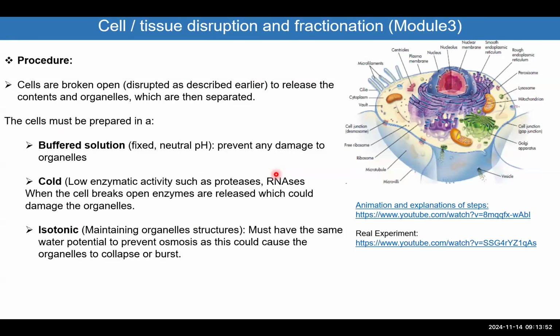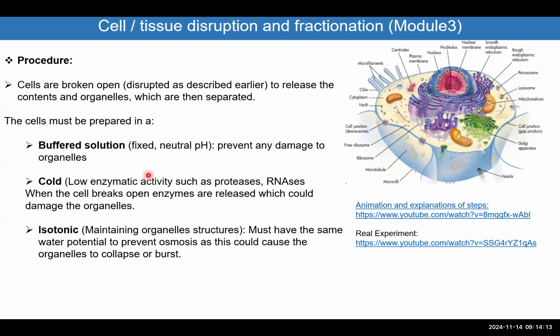Now, we discussed before the cell disruption and fractionation in module 3. And we discussed that depending on the outcome of the experiment you are doing or the question you are asking, you have to make sure what type of buffer you're going to use.